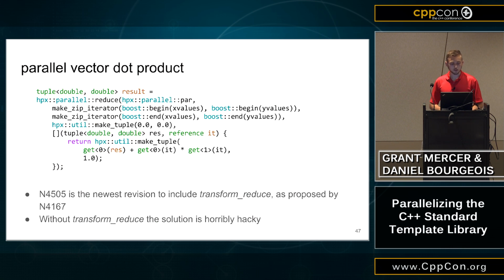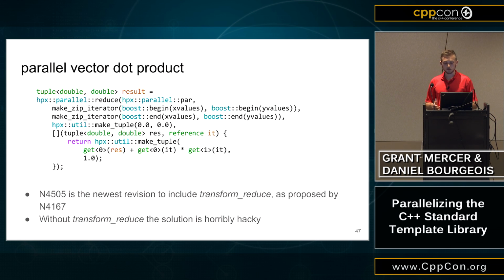So what this forced us to do when we wanted to write a dot product is we ended up having to make the initial value a tuple, because when you dereference this zip iterator, you're going to get a tuple of the x and y values respectively. And then during the actual lambda function, this also forced us to do tuple multiplication, because now we had the result on the left side, and then we had our x and y values, and it was a horribly hacky solution, and we didn't like how we finished this. This was the actual solution. We didn't use it, but we finished it.